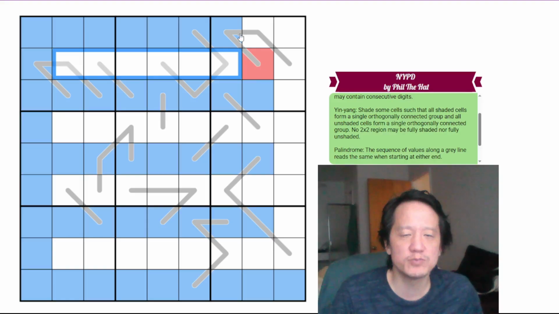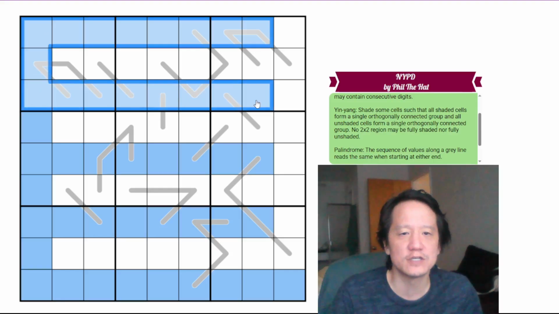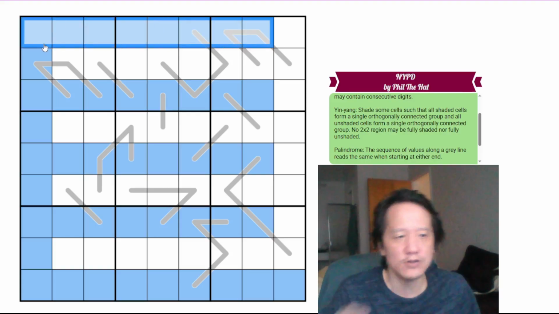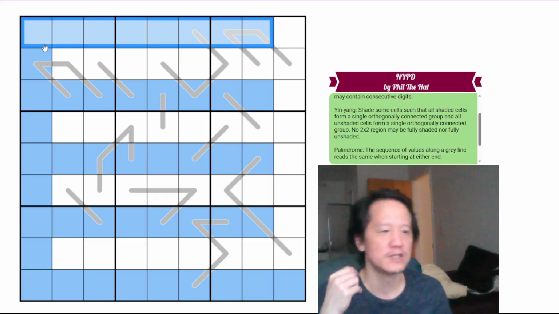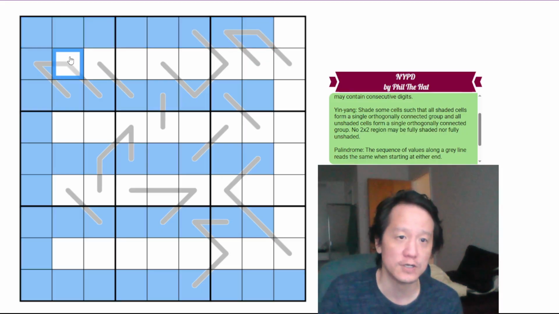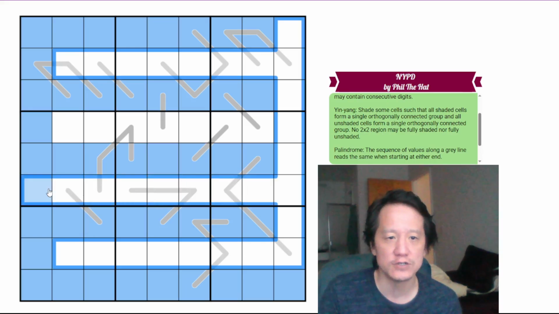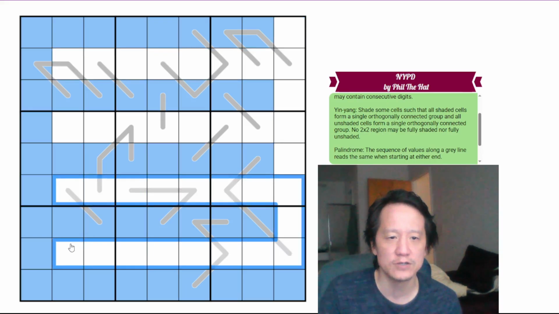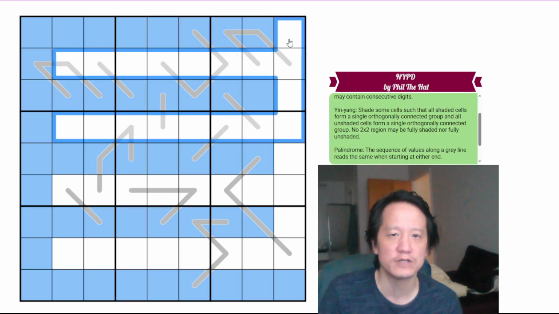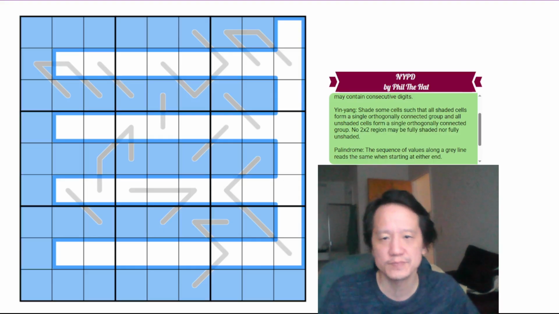If you can get from any shaded cell to any other shaded cell just by going through edges, staying within the shaded region, that is what it means to be orthogonally connected, and vice versa with the unshaded cells. All the unshaded cells can get to any other unshaded cells just by going through edges and staying within the unshaded region. And this is an example of how yin-yang works.